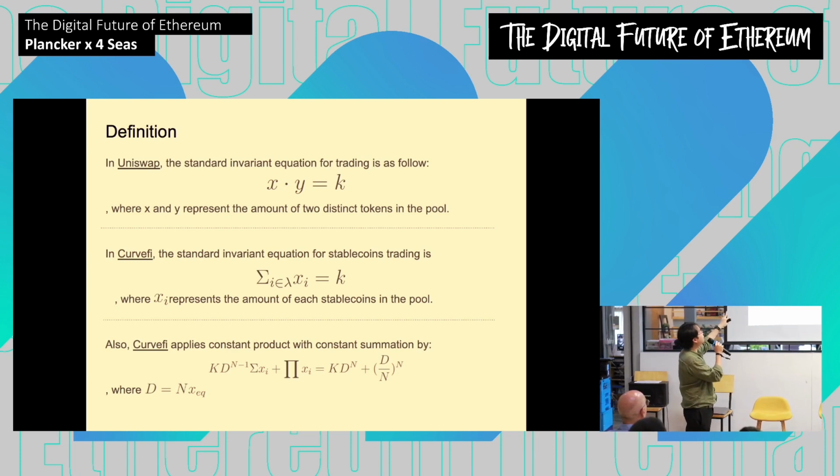In Uniswap, they apply the automated market maker with an invariant function, the constant product function. For example, if you have token A and you want to buy token B, but you don't want to use a centralized exchange, you can use Uniswap. But Uniswap is not like an order book.